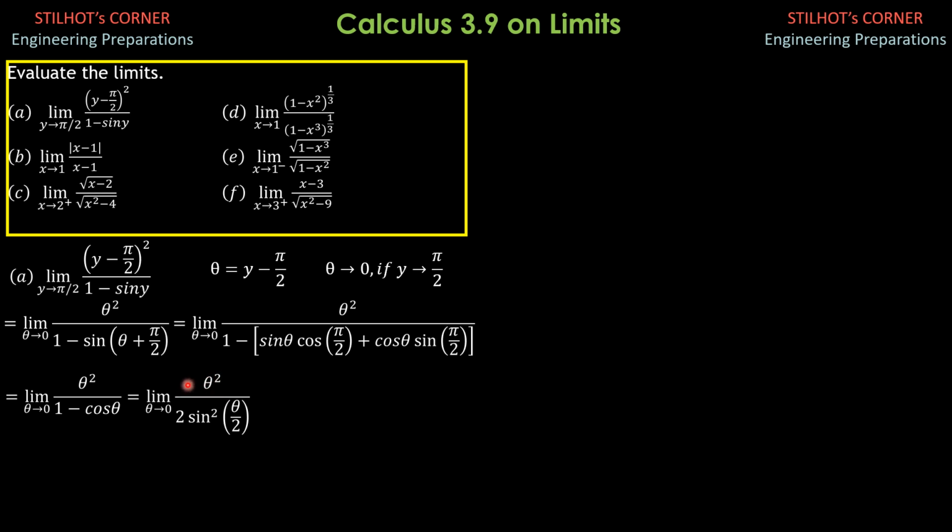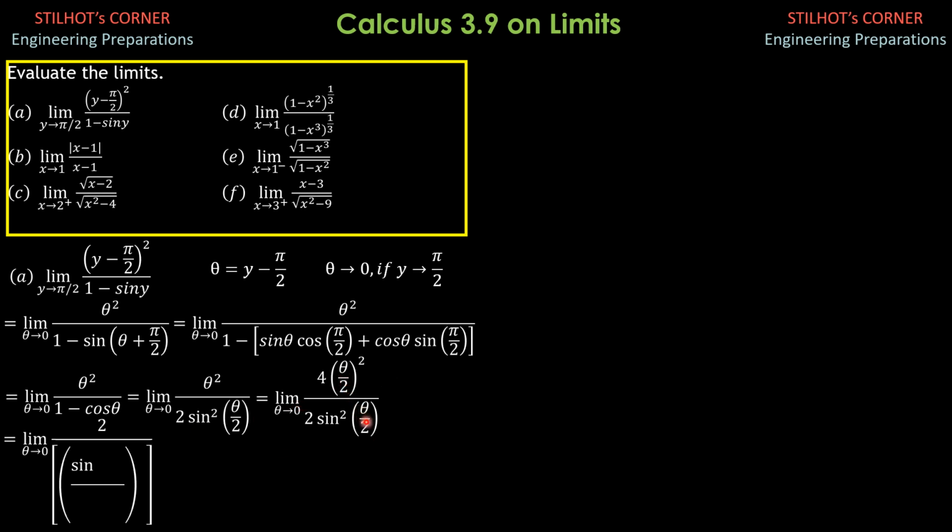I also introduce 4 here because theta squared is 4 times theta over 2 quantity squared. So the limit as theta approaches 0 of 4 times theta over 2 quantity squared, so that's still theta squared, over 2 sine squared of theta over 2. Actually, the limit of theta over 2 over sine theta over 2 quantity squared is still 1, but let's have it in the form sine theta over 2 over theta over 2.